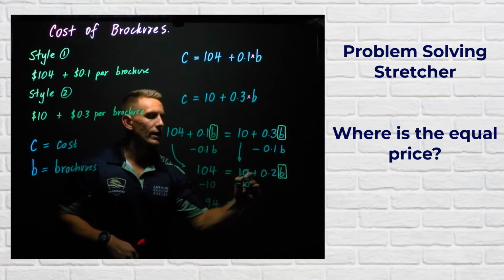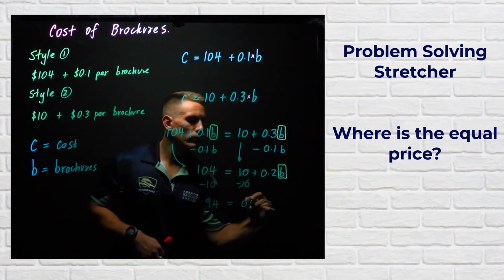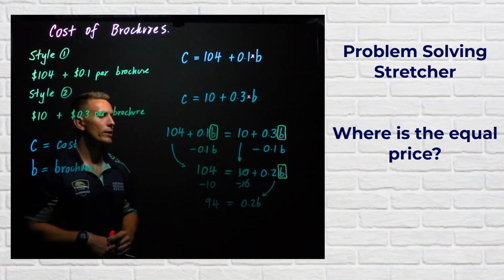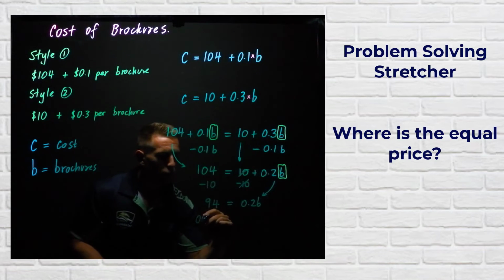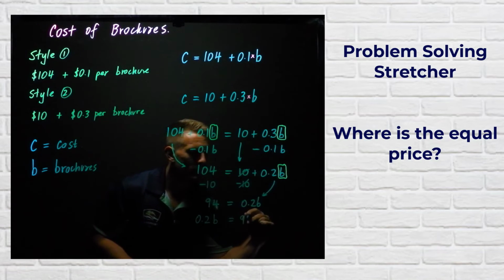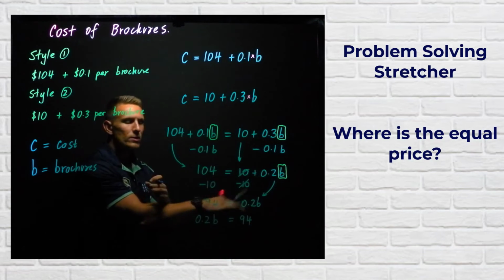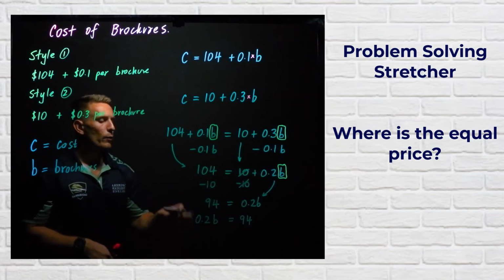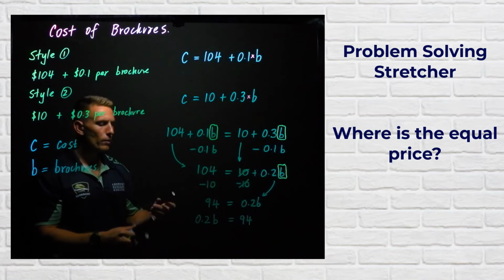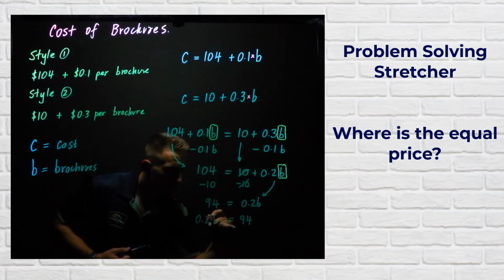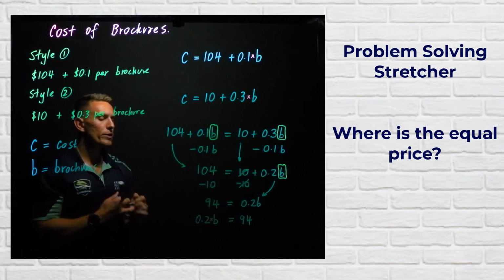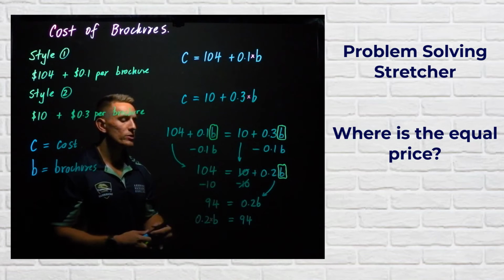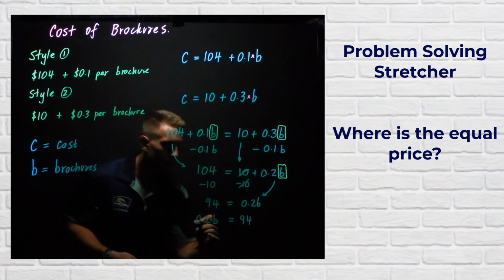Equals, this is cancelled out, 0.2b. We haven't done anything with this, so we bring it down to our next line of working. So now we have 0.2b is equal to 94. All I've done there is swap the sides around so that we've got our variable on the left hand side. Now we have 0.2, and remember we've got an invisible multiplication sign there, 0.2 multiplied by b. In order to get rid of multiply by 0.2, we need to divide by 0.2.